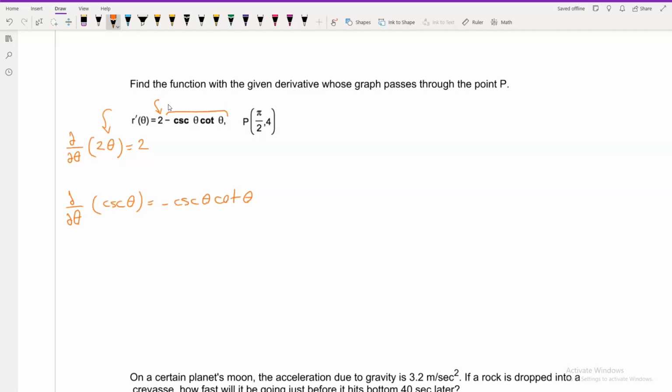So for that part we have the derivative of cosecant with respect to theta, that is equal to negative cosecant times cotangent. So this is exactly what we have here on top. That means this is our answer for that part, meaning that the derivative of 2 theta plus cosecant theta with respect to theta is equal to 2 minus cosecant theta times cotangent theta.